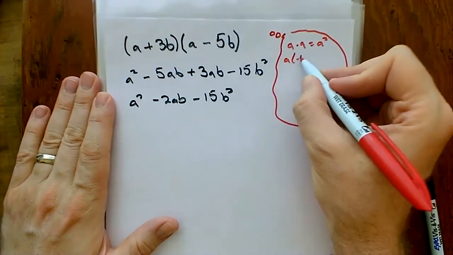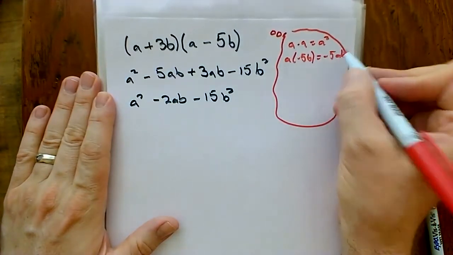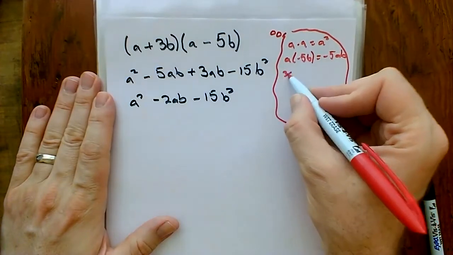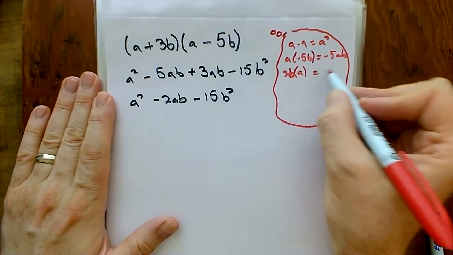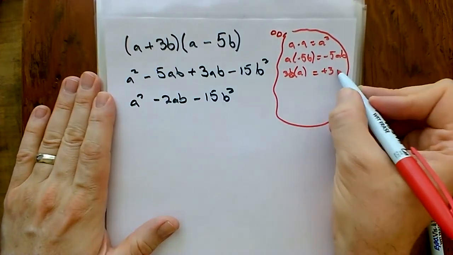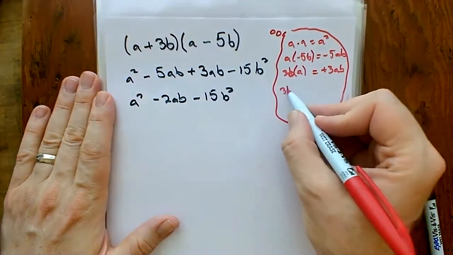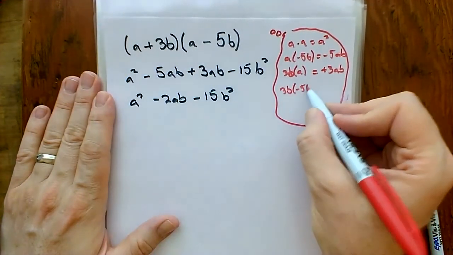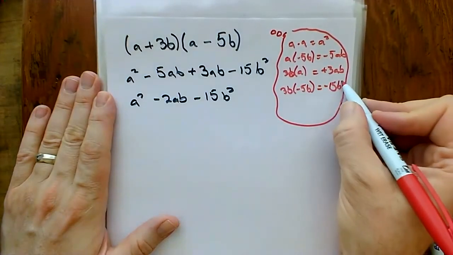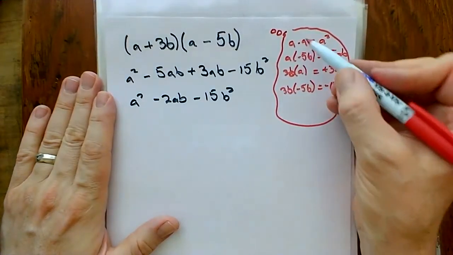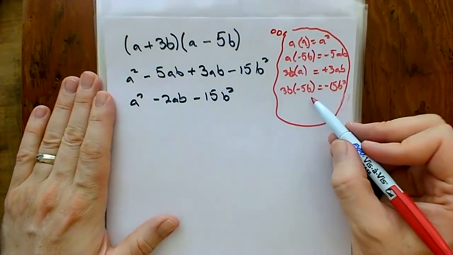A times minus 5b is that minus 5ab. 3b times a is going to be plus 3ab, and then 3b times minus 5b turns out to be minus 15b squared. So every single thing that we're doing here is just monomial multiplication.